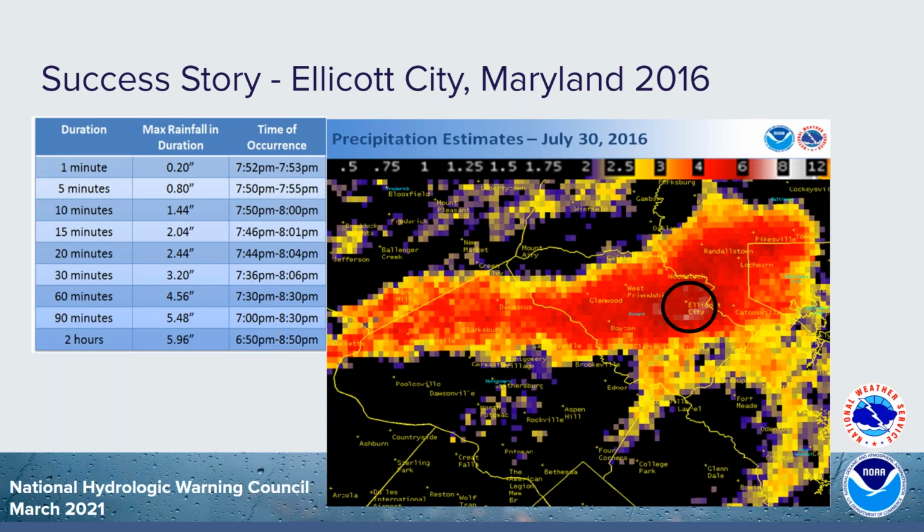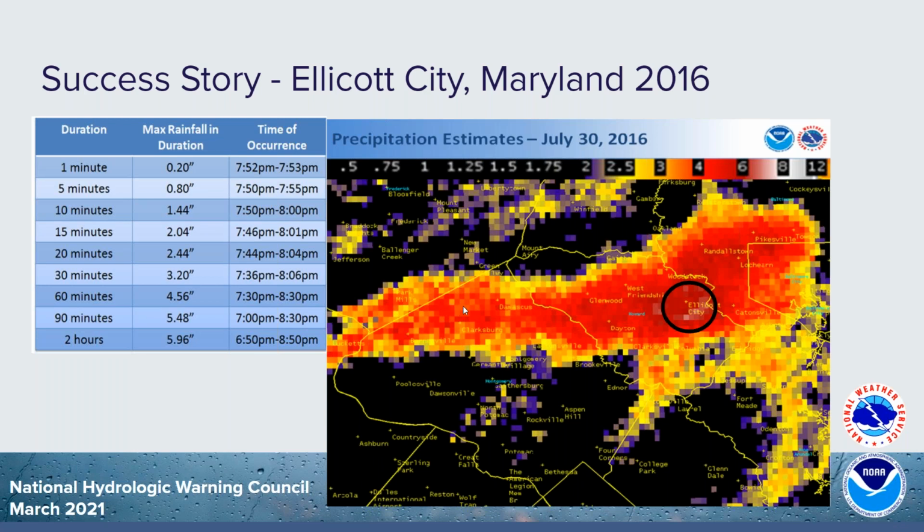That said, these radar estimated amounts of 5, 6, 7 inches are pretty extreme, so if it's a little bit off compared to the gauge, that difference doesn't make much of a difference because it's so extreme to start with. But let's say you're talking about one of these areas further off to the west, and you get a gauge value that's a half an inch different.